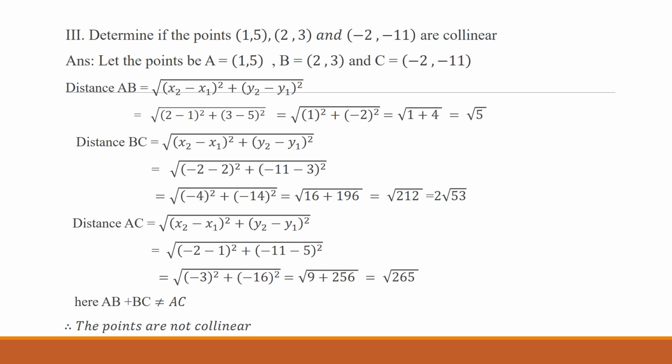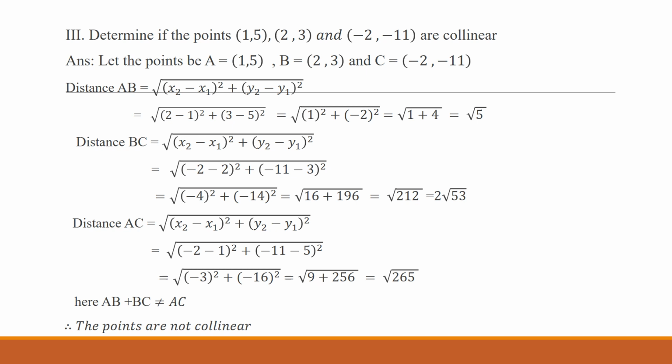Now the distance between the points A and C, that is distance AC, is equal to square root of (negative 2 minus 1) whole square plus (negative 11 minus 5) whole square, which will be square root of negative 3 square plus negative 16 square, equal to root of 9 plus 256, equal to root of 265.